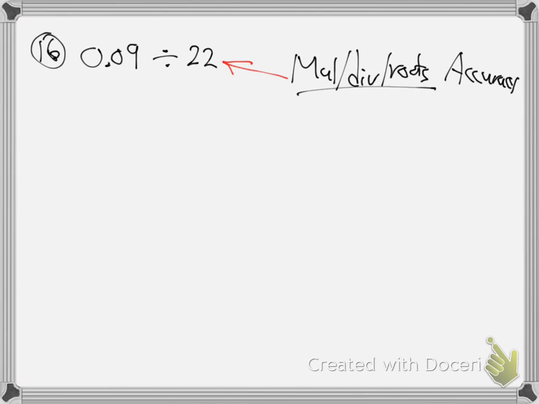So you do accuracy. I'm trying to make a way for you to remember it. That's how I survived college, memory tricks. If you're going to do adding or subtracting, I could say plus is precision.